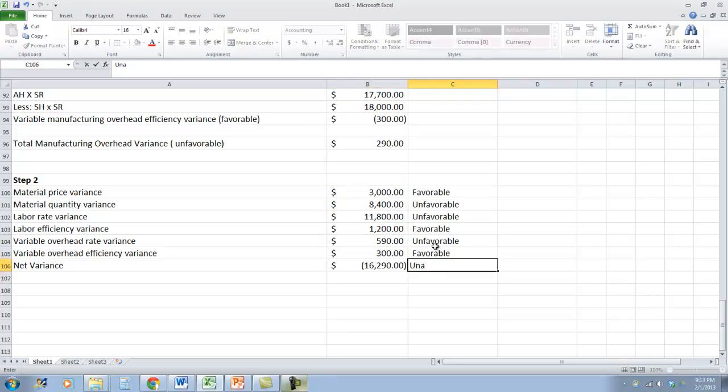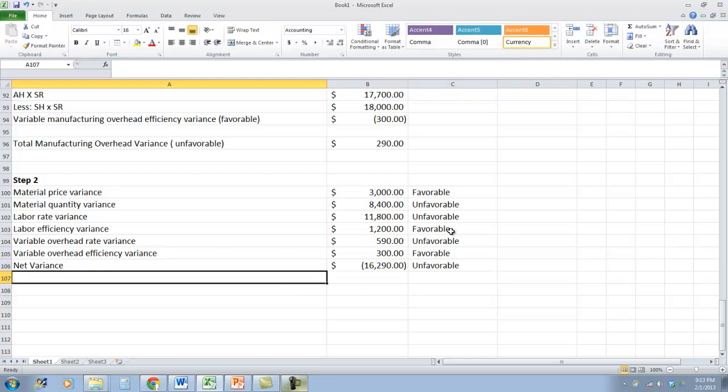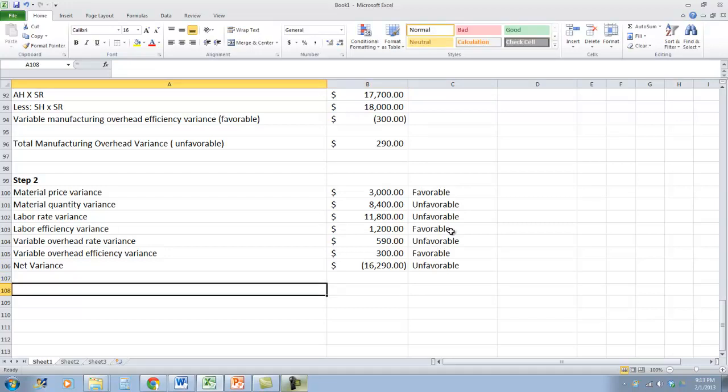And this is an unfavorable variance, and that makes sense because the actual variable manufacturing overhead was 196,290.